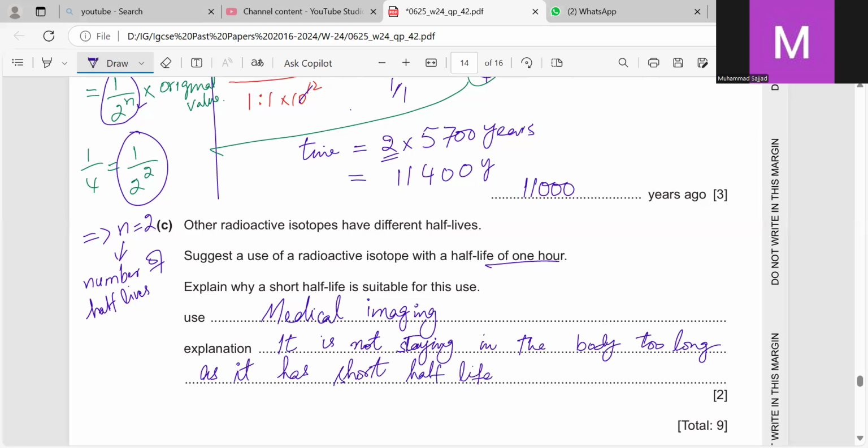No need to give this much detail, but medical imaging, it's not staying in the body too long, or you can say it is having low dose, or it does not damage the body, internal parts of the body, like this you can say.